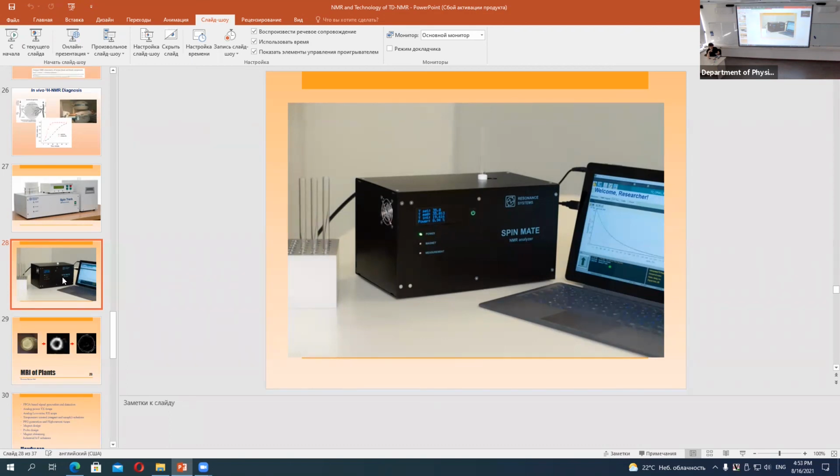Honestly, this device has lots of capabilities, nearly like the spin check that I showed here. The only thing is we cannot vary the temperature of a sample, and we don't do the pulse gradient inside. All other features are included.